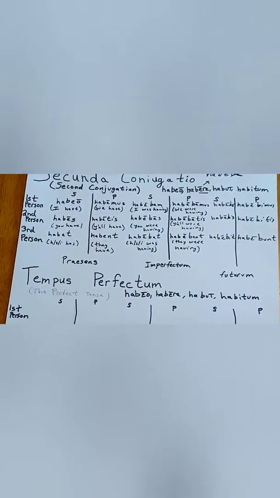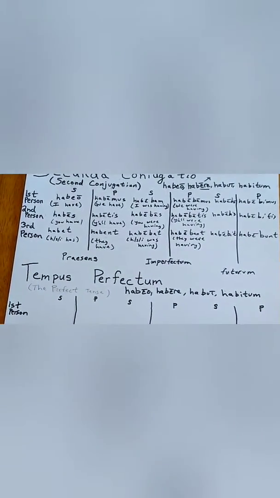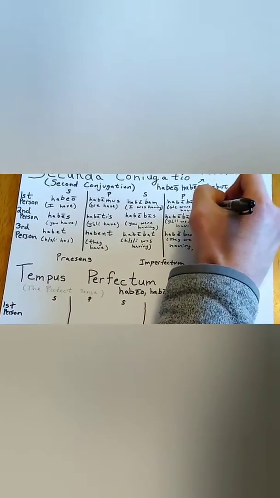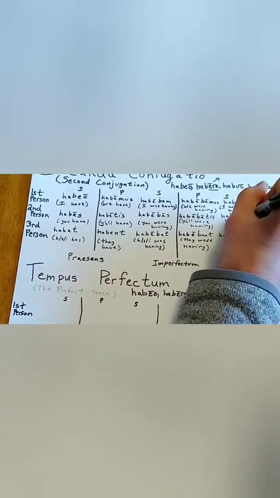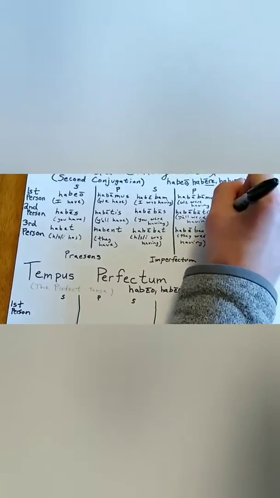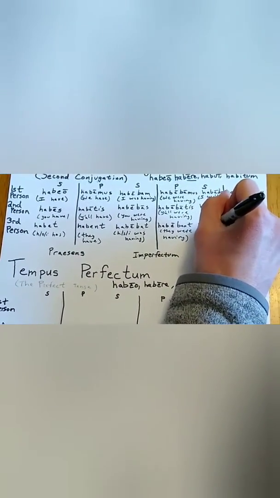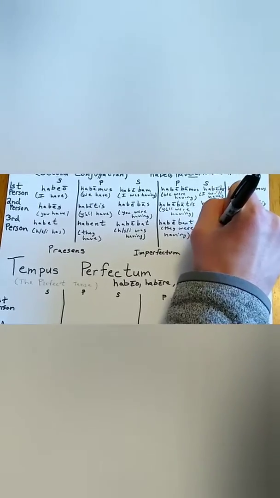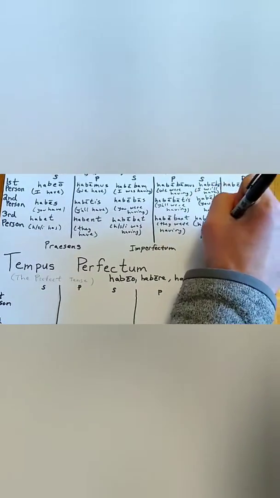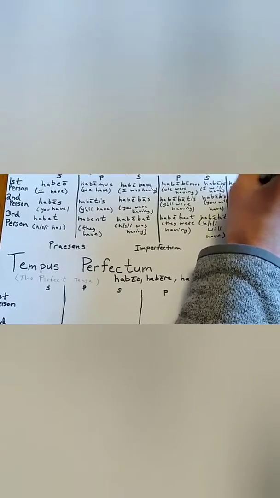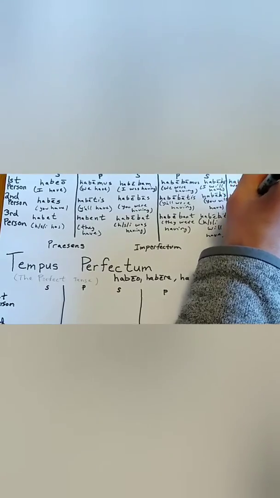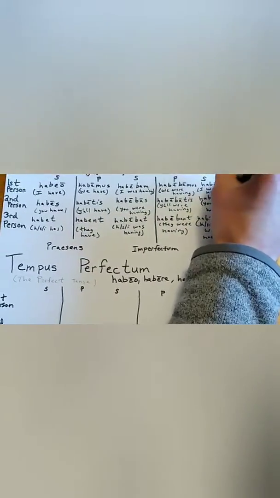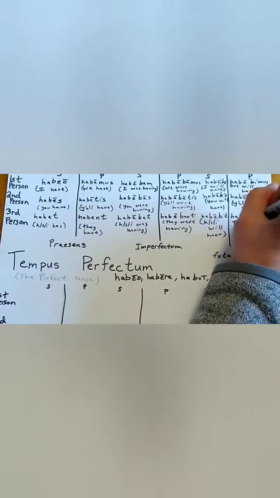And there you have your future conjugation of a second conjugation verb. And of course we remember that this means I will have, you will have, he, she, it will have, we will have, y'all will have, and they will have.